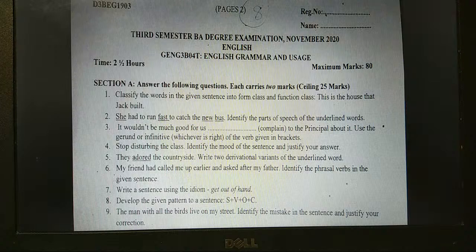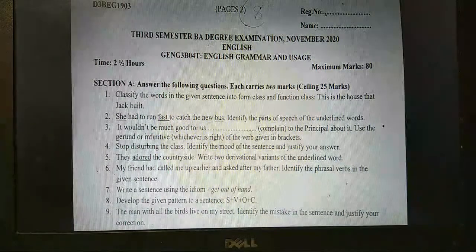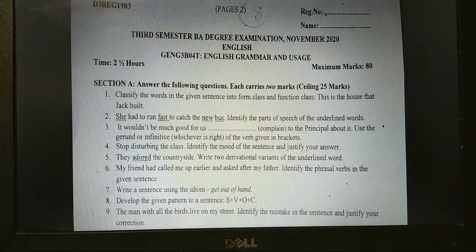One is adorable. Just write question number 5. You can write adorable, adorably. If you want, you can write adoration. Even adoration is an answer. So 2 is enough. You can write 3 if you want, but you get your full score with 2. So it is adorable, adorably, adoration.